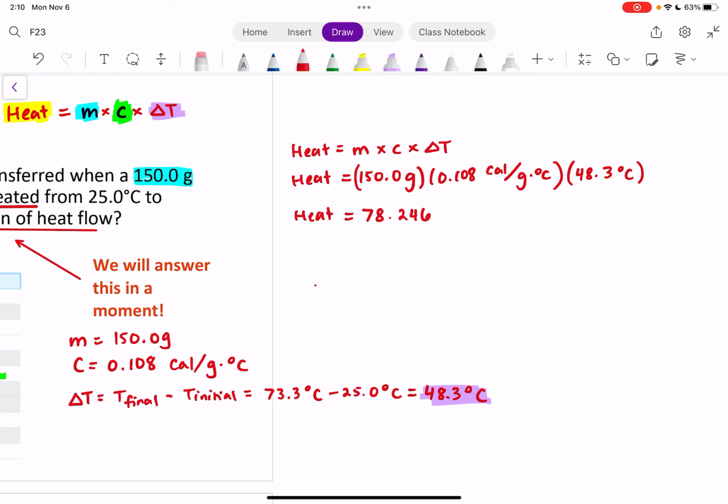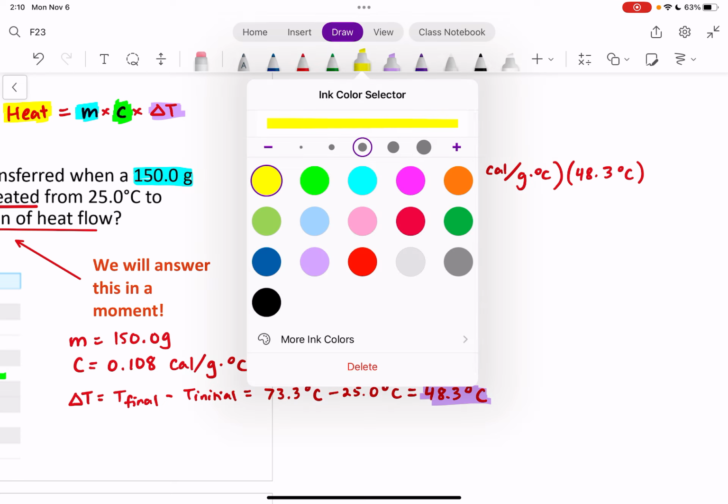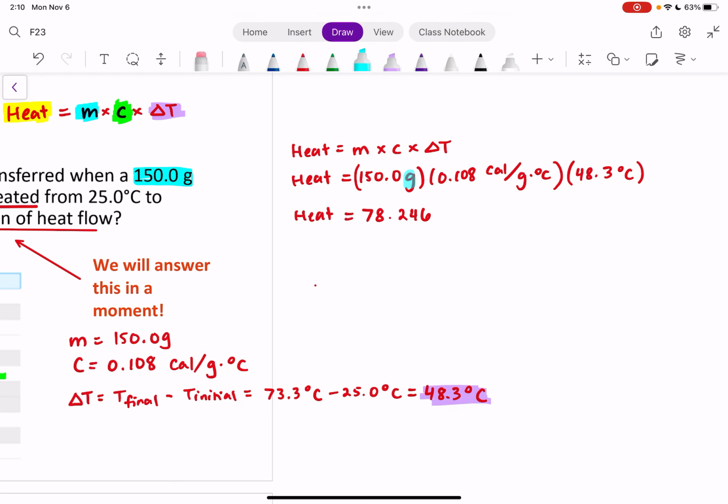Let's figure out what our units are. Noticing for our mass, we've got units of grams here. Do you see units of grams anywhere else? We've also got units of grams in our specific heat value. So grams is actually in the numerator and the denominator.